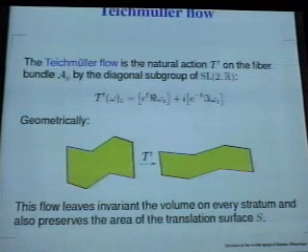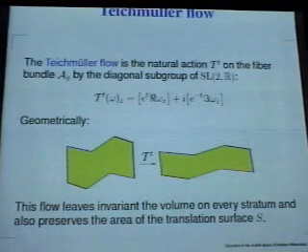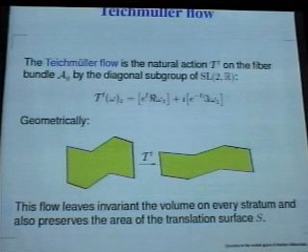That's not difficult either, because when you do this squeezing and stretching, you don't change the types of zeros, you don't change the multiplicities. So it preserves each one of the strata, and it's somewhat more subtle, but it's still true that it leaves invariant the volume on each one of the strata. So suddenly, we have here a whole family of dynamical systems, of ergodic systems, the Teichmüller flow acting on each one of the strata with the corresponding volume in the stratum.